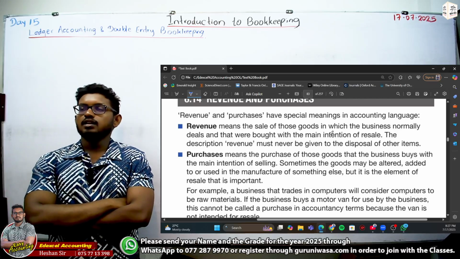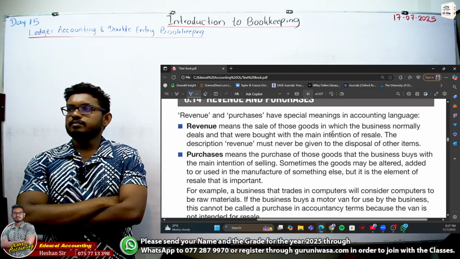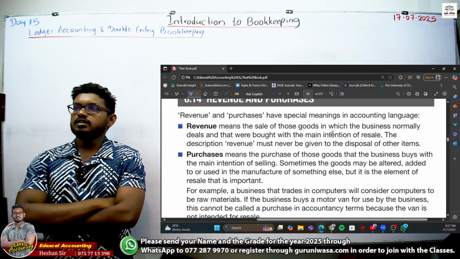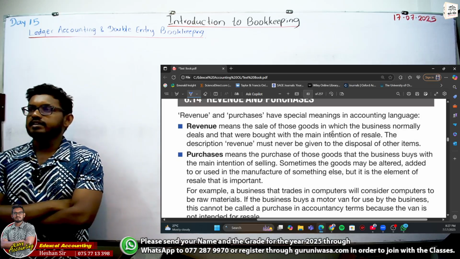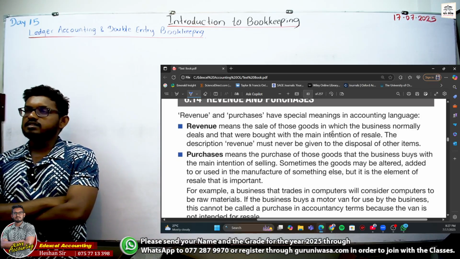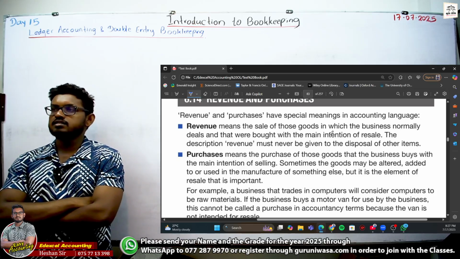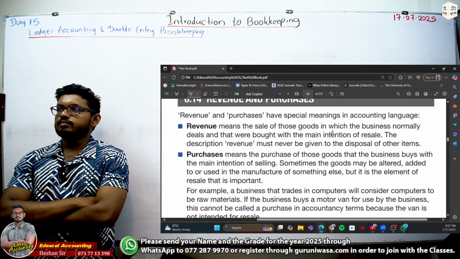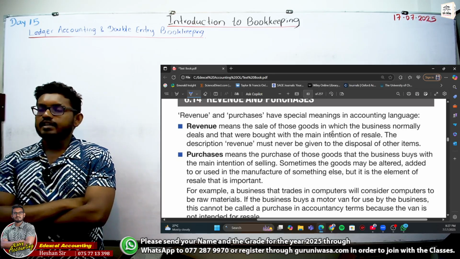For example, a business that trades in computers will consider computers to be raw materials. If the business buys a motor van for use by the business, this cannot be called a purchase in accounting terms, because the van is not intended to be resold.